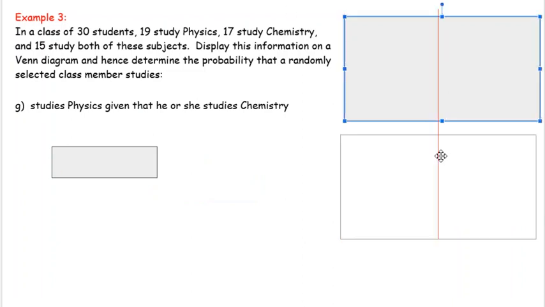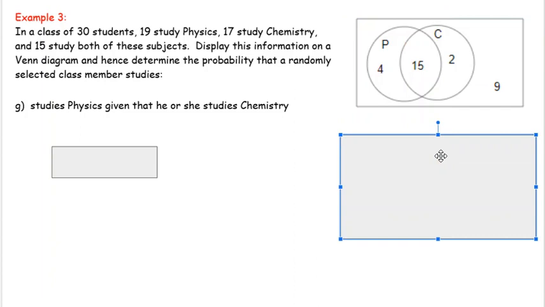All right. What is the probability that a student studies physics given that he or she studies chemistry? Now, you can use a formula. It will work. It's no longer on the board, but it should be on your warm-up. Remember, the probability of B given A is the probability of A and B divided by the probability of the given one, which was A in that case.